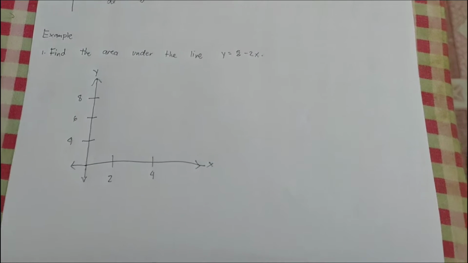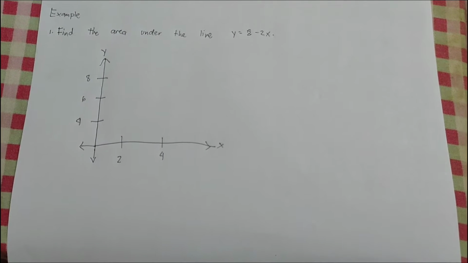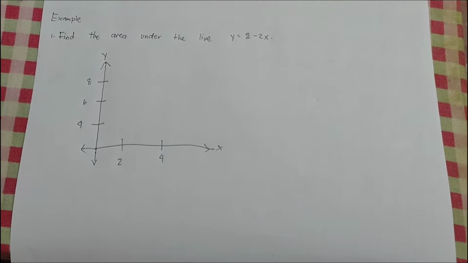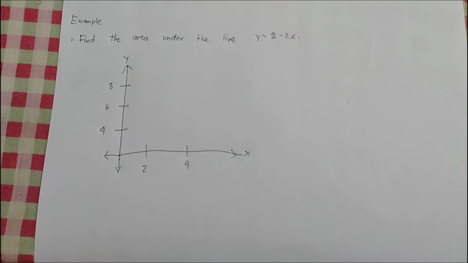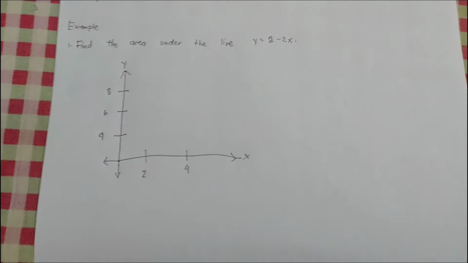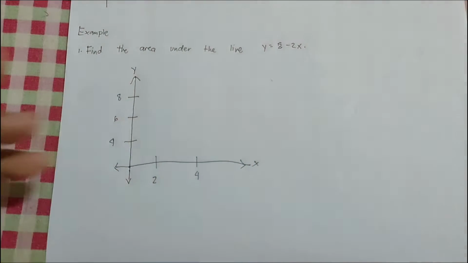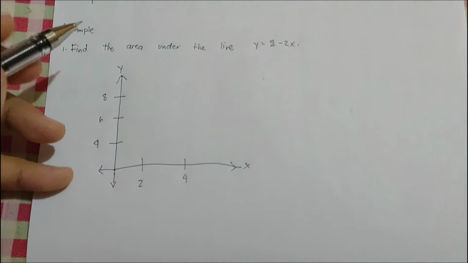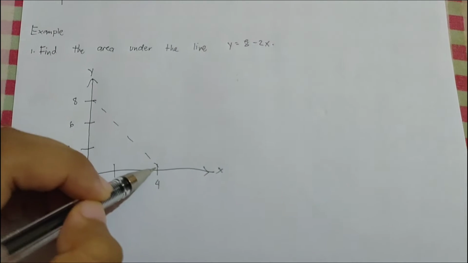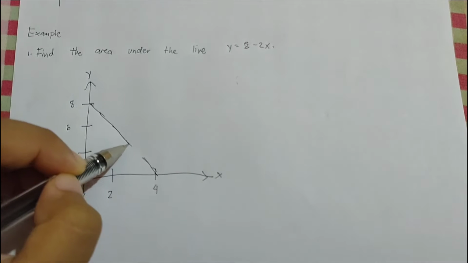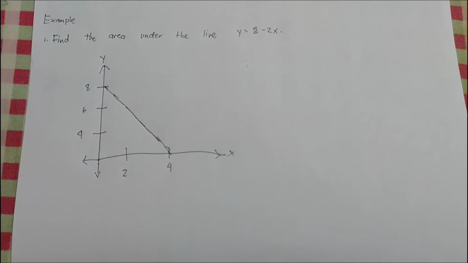Our first example in area under the curve is find the area under the line which is y equals 8 minus 2x. This would be the graph of this problem. It should be like this, like that. If we can picture it out, it is a triangle.